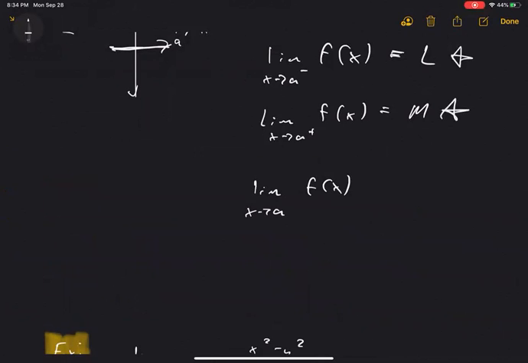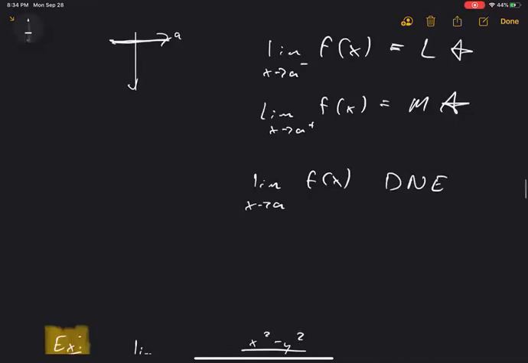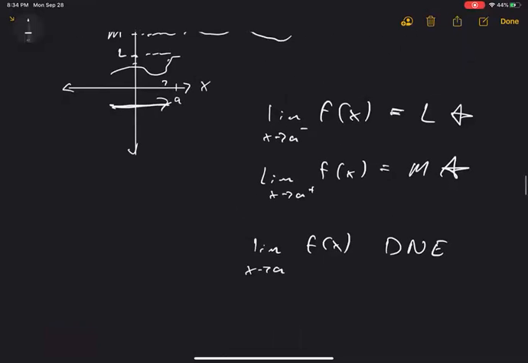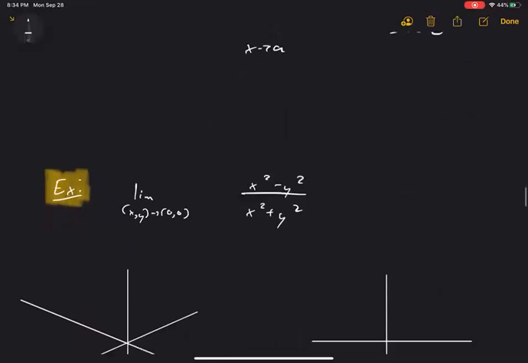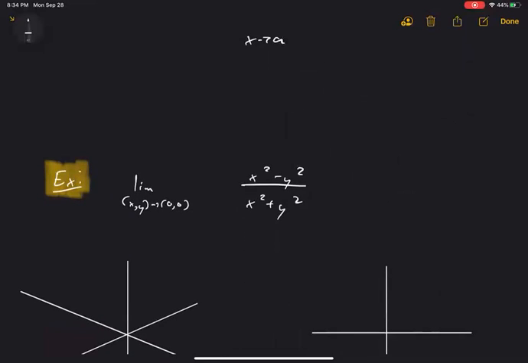That is not the case, so we say it does not exist. Now, we have a similar idea in Calc 3, that the limit has to exist and it has to be the same from all directions.